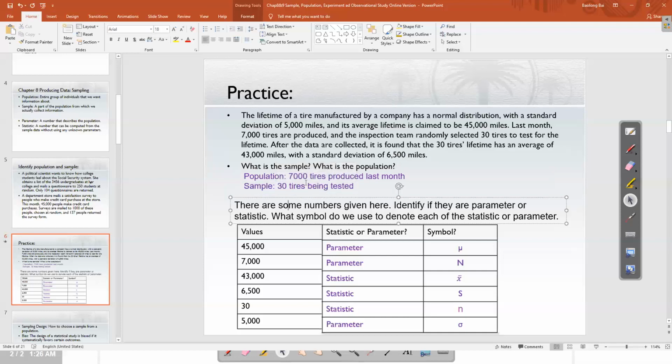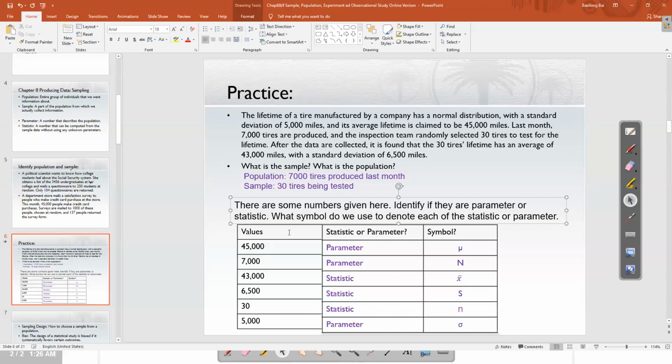And then when you keep that in mind, we realize there are a lot of numbers given in the paragraph, right? We have 45,000, 7,000, 5,000, 30, 43,000, and 6,500, right? So what are each of those numbers? Are they a parameter or a statistic? What kind of symbol do we use to represent it, right?